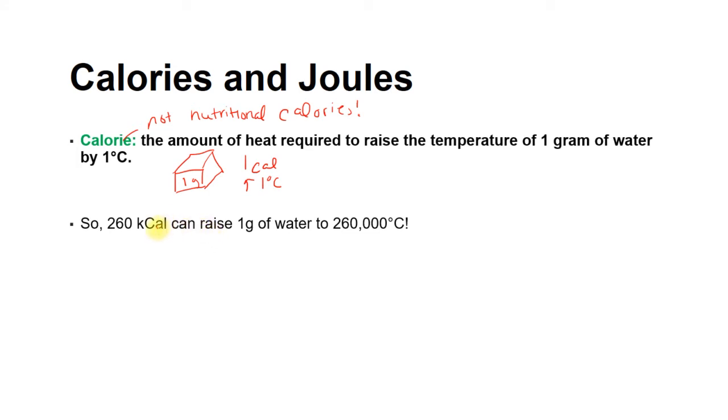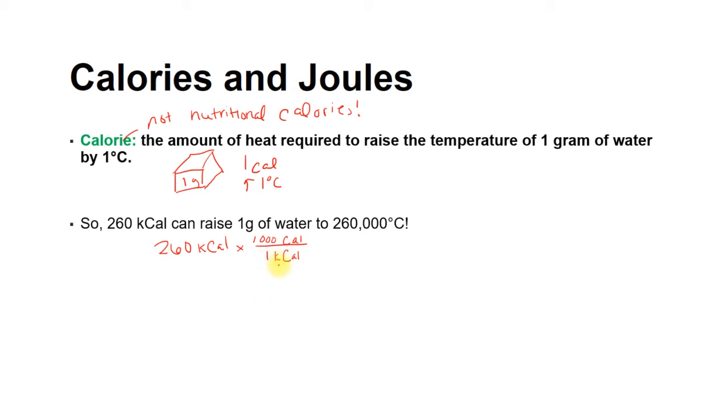If I have 260 kilocalories, right? You'll notice the C is capital. That's because it's a scientific calorie. Nutritional calories are lowercase, just so you know. Anyway, so 260 kilocalories. I can convert that into regular calories if I remember that there's 1,000 of the base unit, in this case calories, for every kilo.